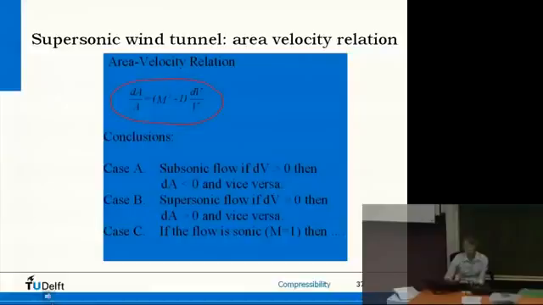Here I stop with the differentials, and what does it say? So if I know something about my changes in area, and I know the Mach number, I can find the changes in velocity, or the other way around. Now let's first consider subsonic flow, right? So Mach is smaller than 1. So Mach squared minus 1 is smaller than 0.